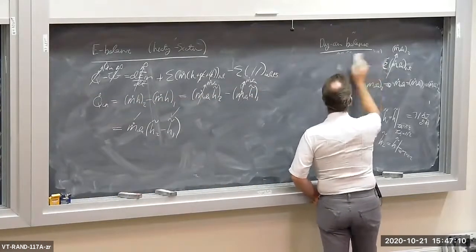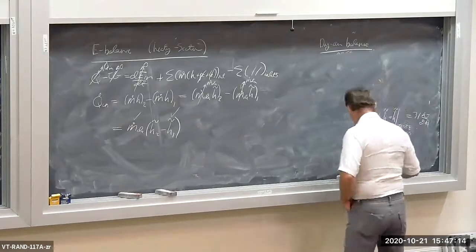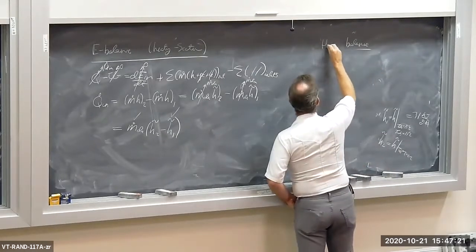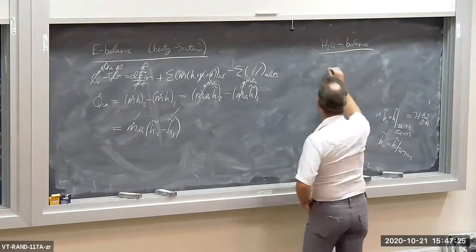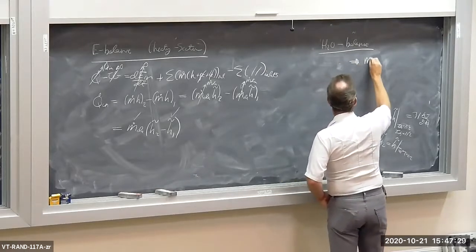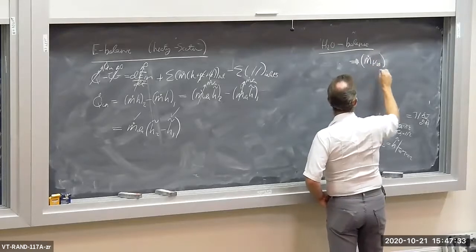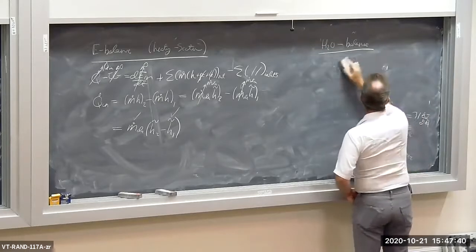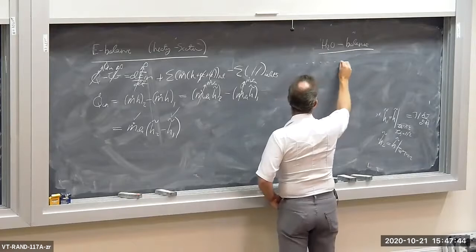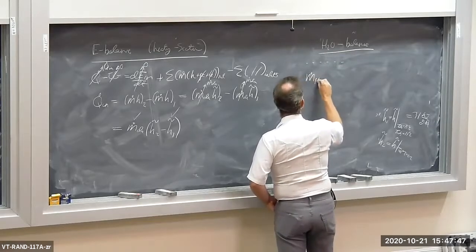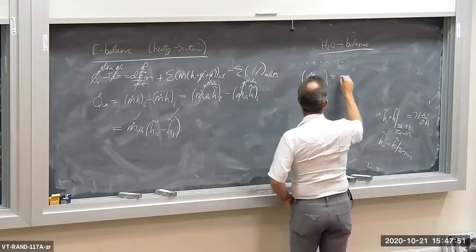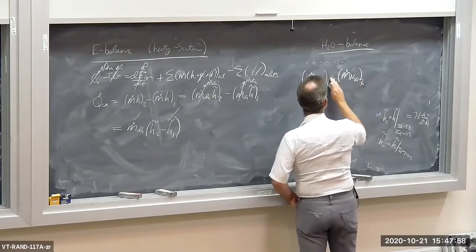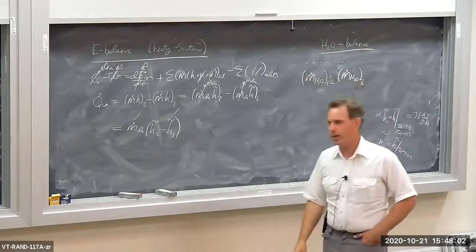But if we do a H2O balance on the heating section, what we're going to get is m dot H2O at location 1 is equal to m dot H2O at location 2, because we're not injecting any H2O into the simple heating section.